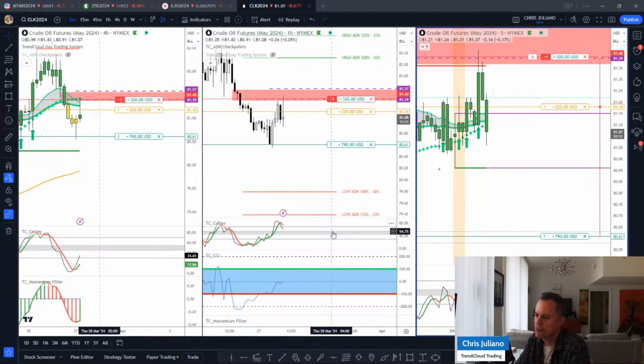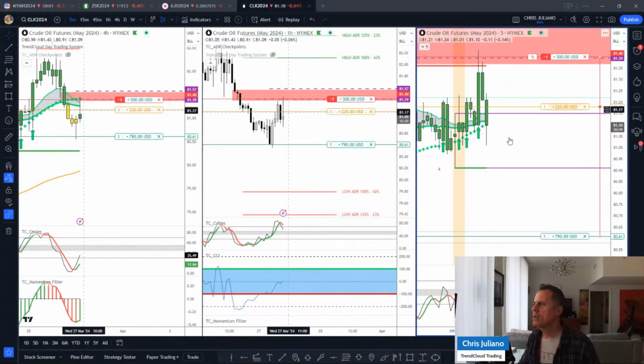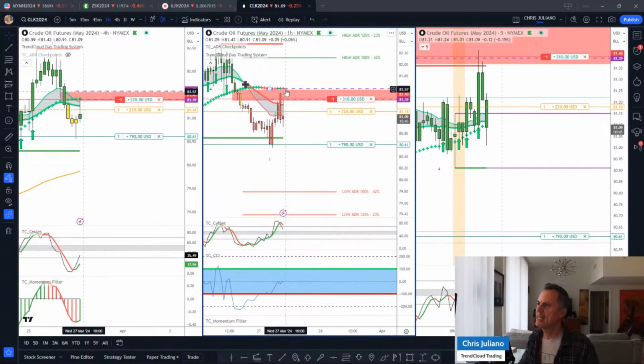This is a risk-free trade. So we are in a risk-free trade right now. And why are we being so tight with the stop? Well, TrendCloud is telling us right here that we've got a little bit of flashing green.